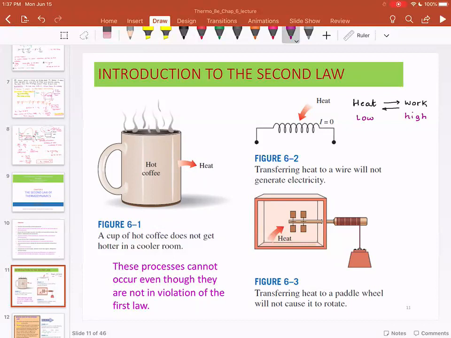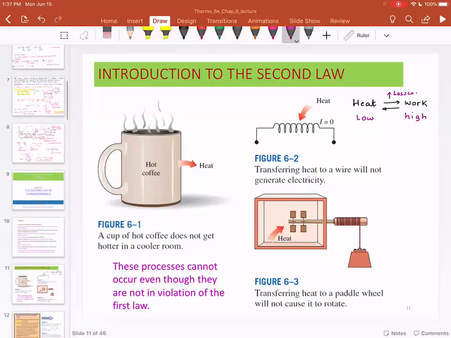Which means heat to work, you are going to have losses. And that's what it means by application of second law of thermodynamics.